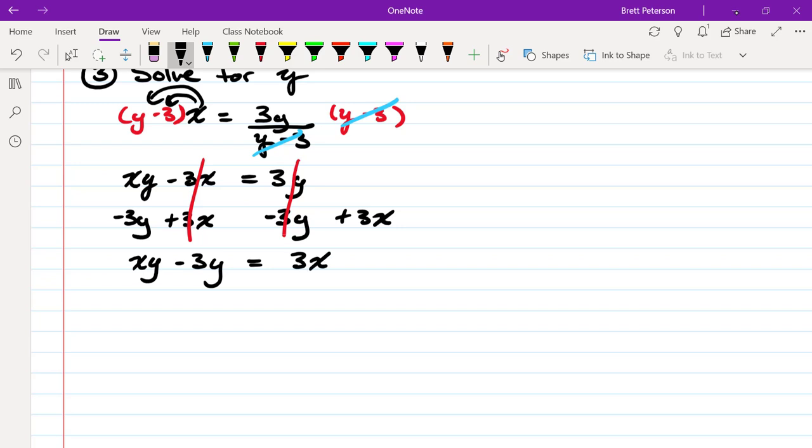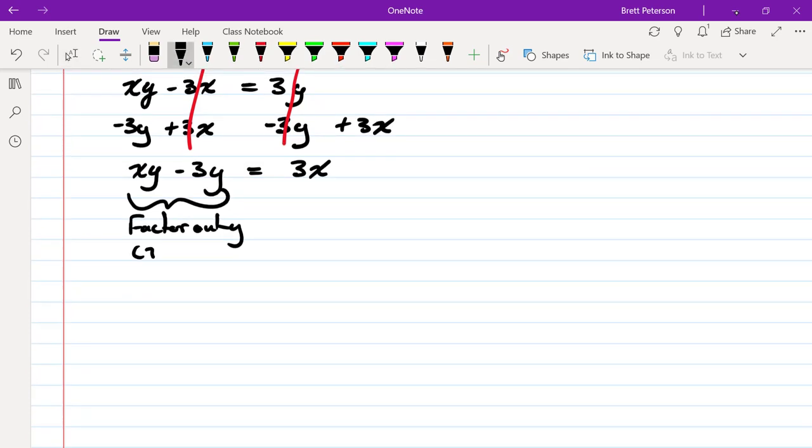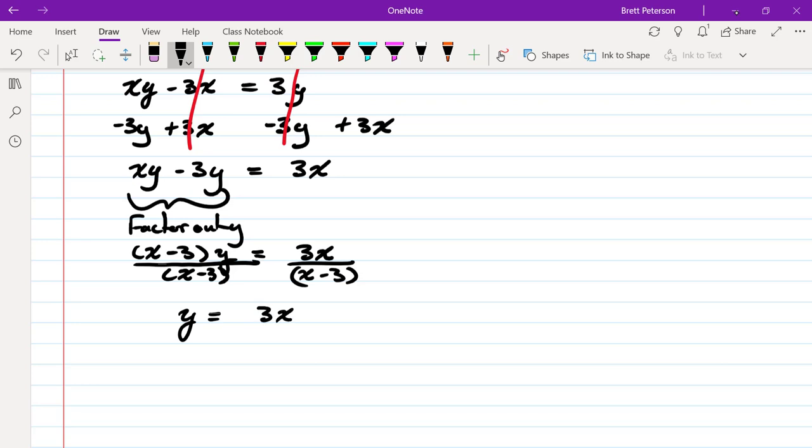And then I'm going to factor out my common factor of y. And that leaves x minus 3 times y is equal to 3x. And then finally, to isolate y, I divide both sides by x take away 3, giving y equals 3x all over x minus 3.